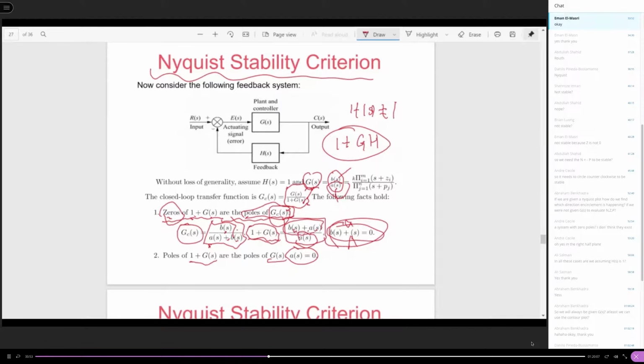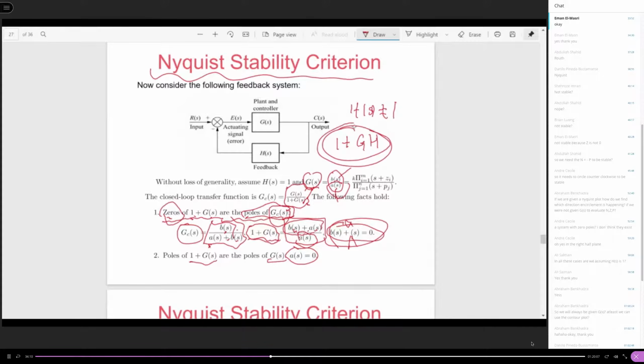So that is why I said that I can assume H(s) equal to 1 without loss of generality. For a non-unity feedback case, it's very easy to modify the criterion.